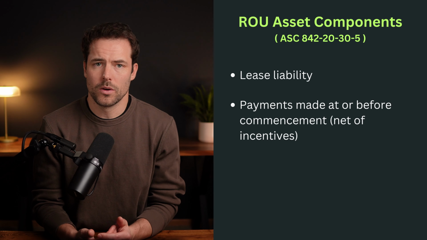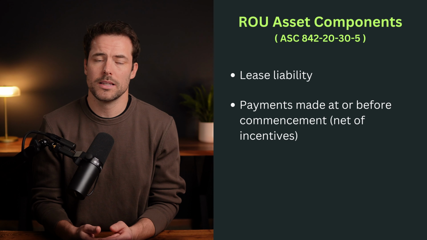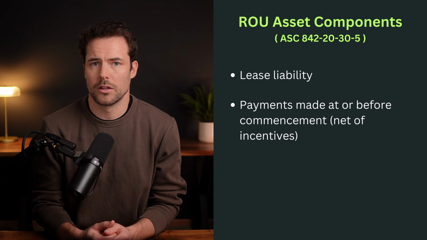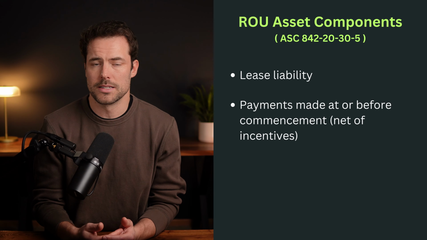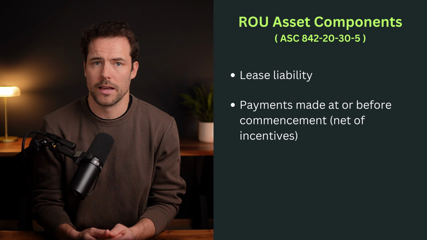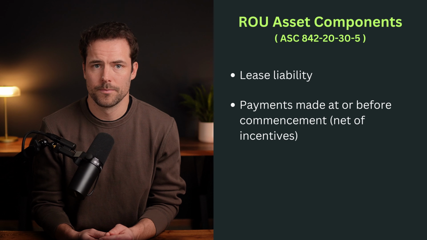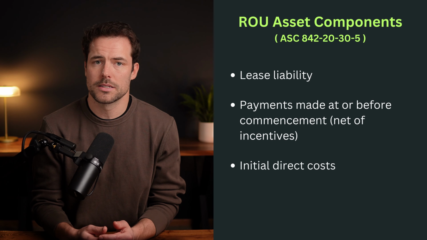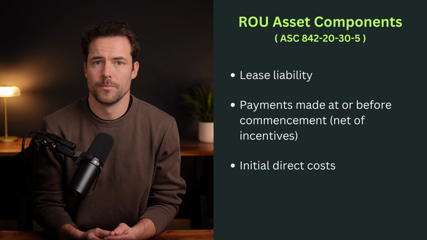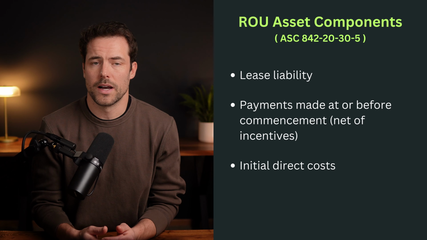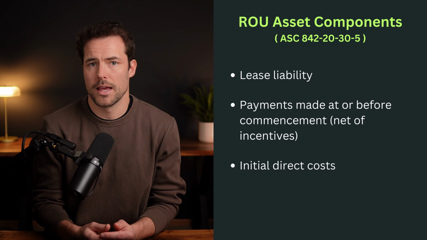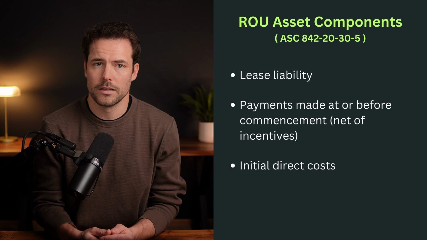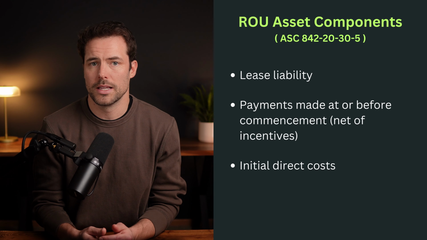In our example, we don't have any incentives, but we did make the first $50,000 payment to the lessor on September 1st, 2025, before commencement. And third, we include any initial direct costs incurred by the lessee. ASC 842 defines initial direct costs as incremental costs of a lease that would not have been incurred if the lease had not been obtained.